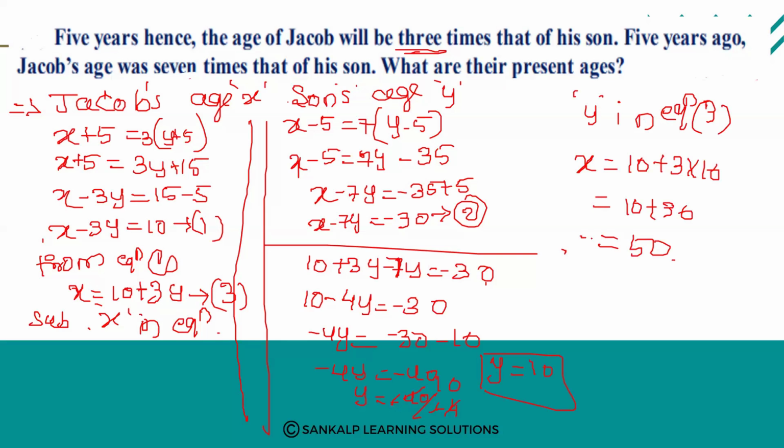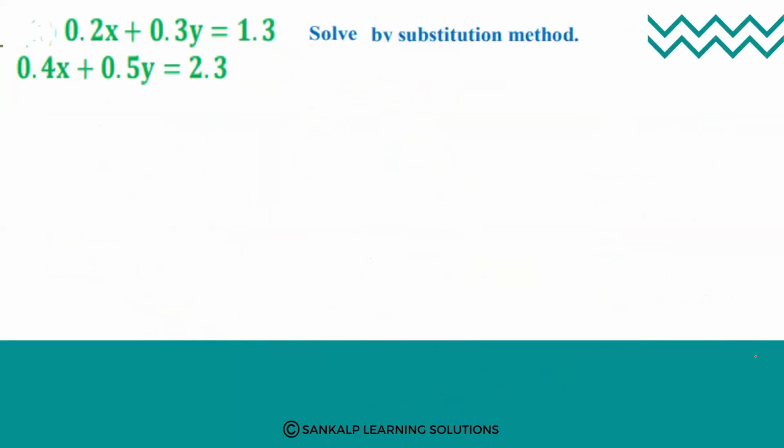This is the value of x. X means this is Jacob's age. X is equal to 40 and his son's age, we consider it as y, is 10.